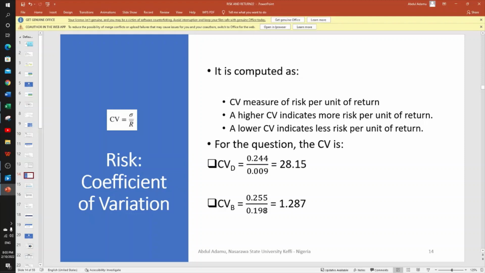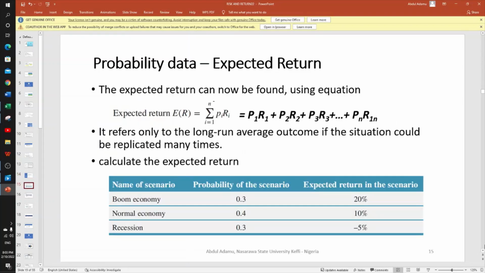For BOA, if we divide, we have 1.2. So this gives us 1.287 risk for each unit of return. So you can see, using coefficient of variation, BOA has a lower risk than Dangote.